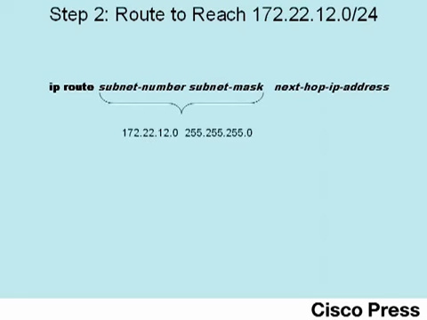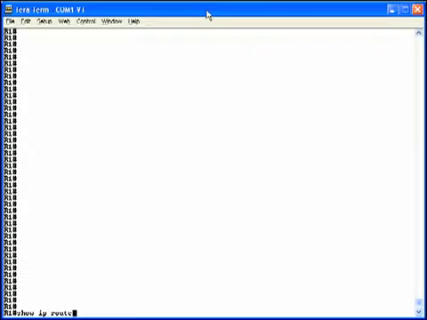In this case we'll plug in subnet 12, or more specifically 172.22.12.0 with a mask of 255.255.255.0, which is the subnet on the right where PC2 resides. Then we'll point to the next hop IP address. From router 1's perspective, that's router 2's IP address on a common subnet. In this case, we'll point to 172.22.112.2, which is router 2's serial IP address.